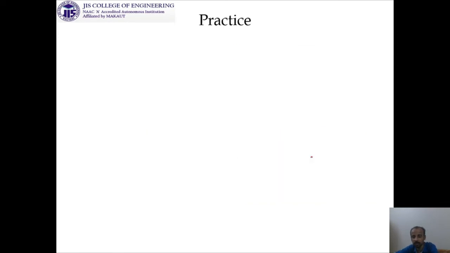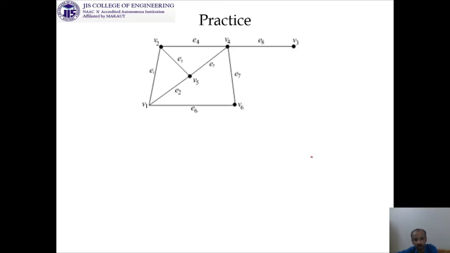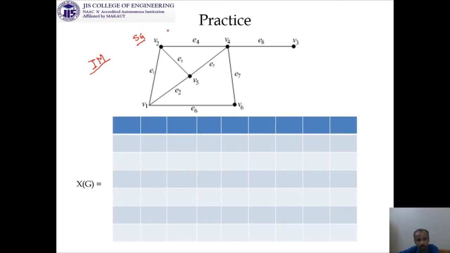Now again one practice session, because it is for your own confidence. If we take this graph and try to find the incidence matrix, first of all we have to observe which category this graph falls into. It falls into the simple graph category because there is no self loop, no parallel line, no direction, and no other component, so it is a single connected component.